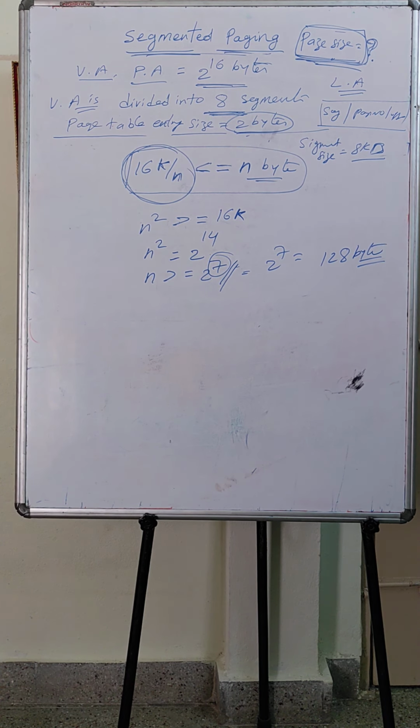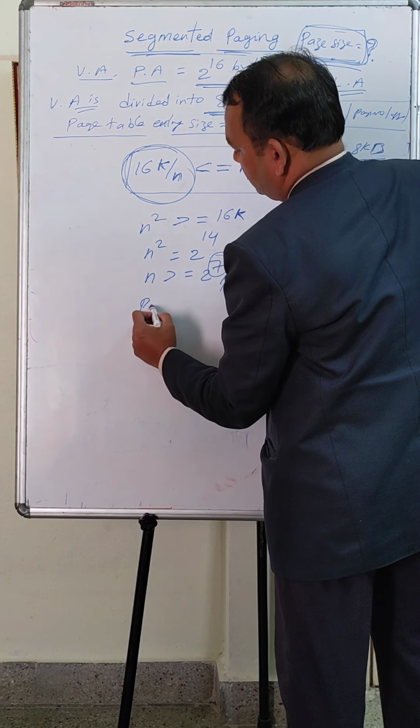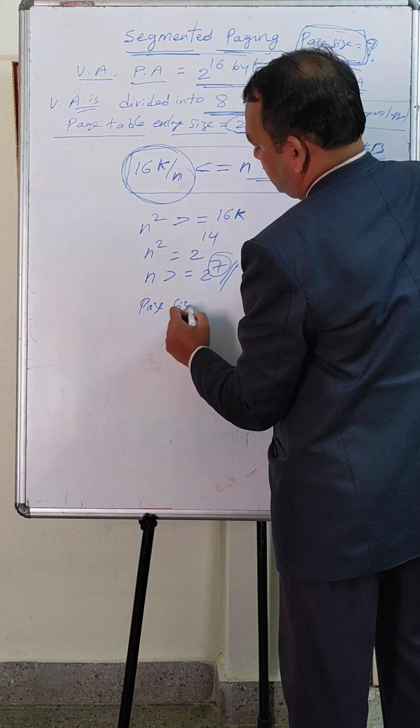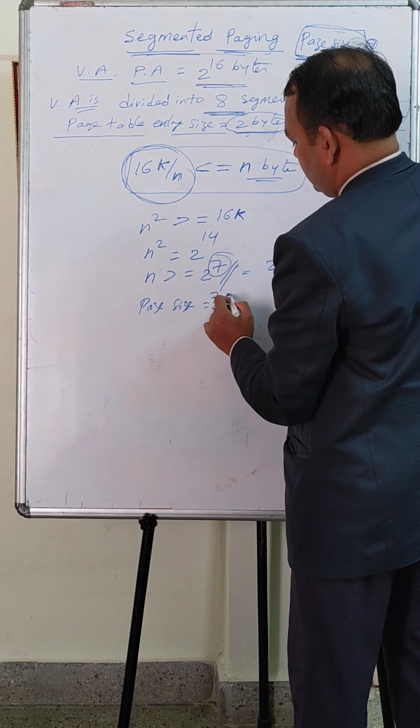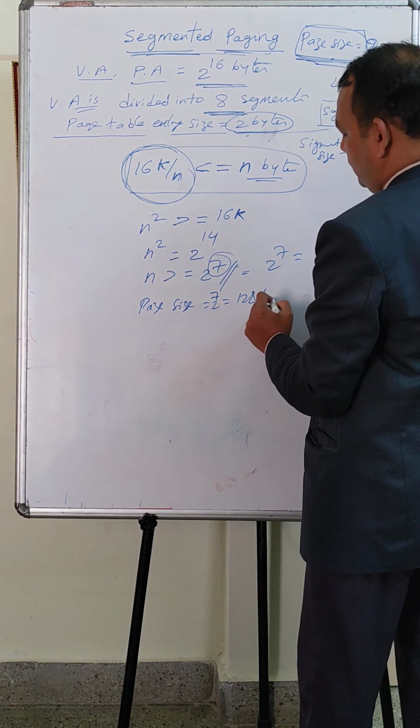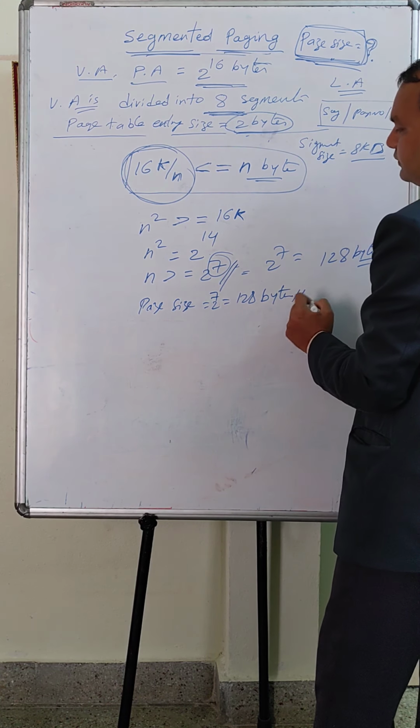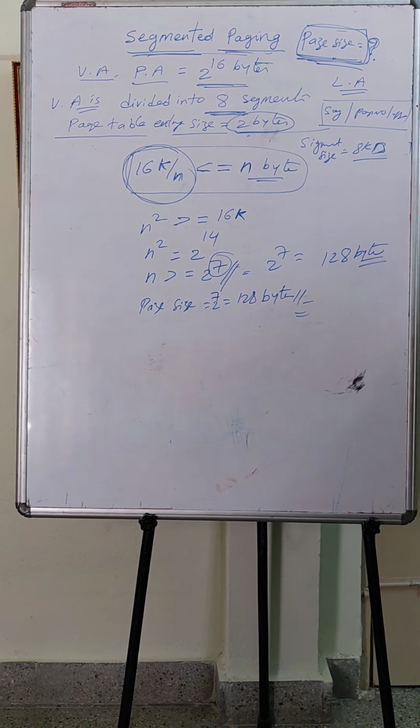So we calculated the page size. Page size is 2 power 7, equal to 128 bytes.